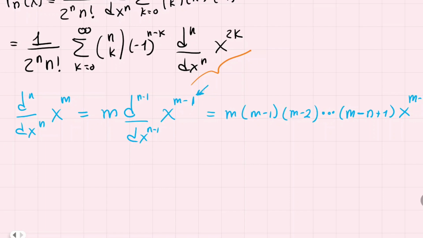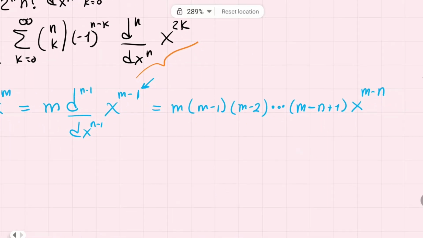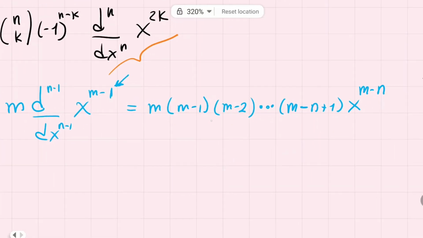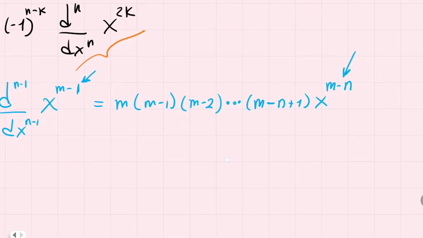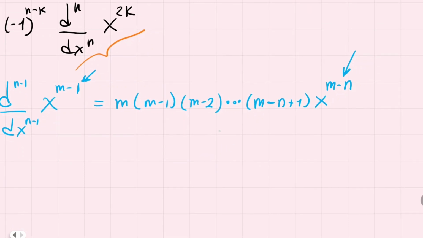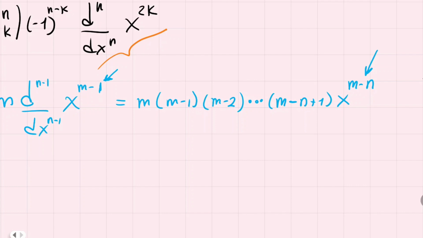Okay, so we are going to subtract n from m in the exponent of the x, and we are taking these terms one more than the exponent of the x. Okay, so this is what we are going to get. This will be the nth derivative with respect to x of x to the m.